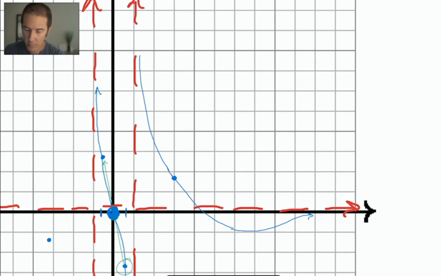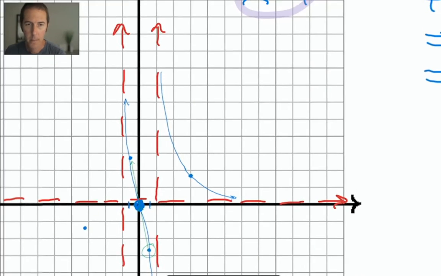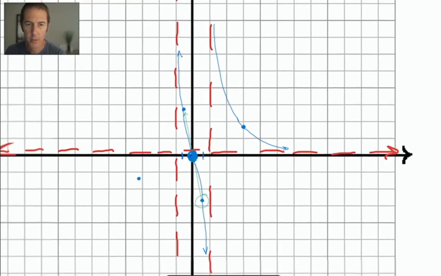It's possible. Either that's going to happen, or our curve will just stay up here. How am I supposed to figure that out? Well, you could plug in an x value of 5 or 7 or 8 or something and see, do you end up with a negative y value? That would tell you that you're going to cross over. Or punch it into a grapher, see what it looks like.